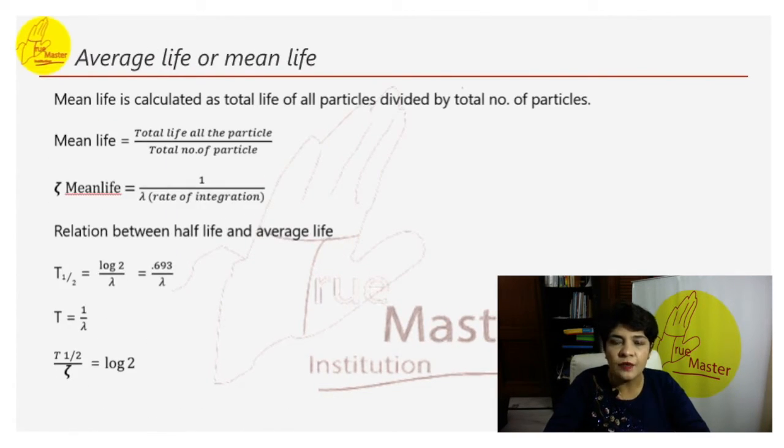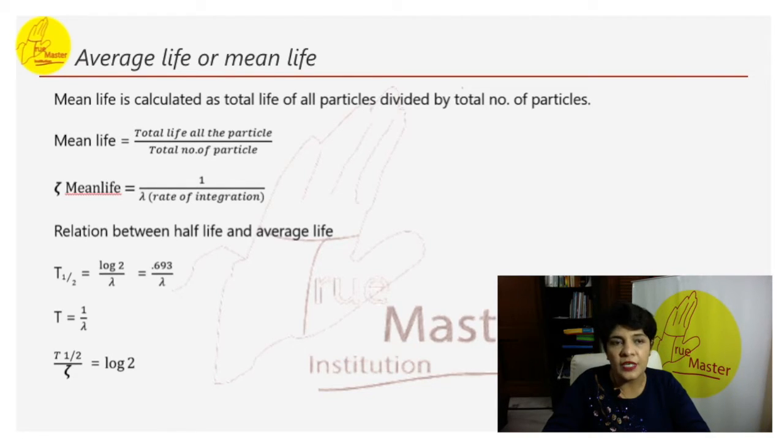So we have understood what half-life is. Now we are trying to find the average life or mean life. The average time for which the nuclei of a radioactive sample exist is called the average life or mean life of that sample. It is equal to the ratio of the combined age of all the nuclei to the total number of nuclei present in the given sample.